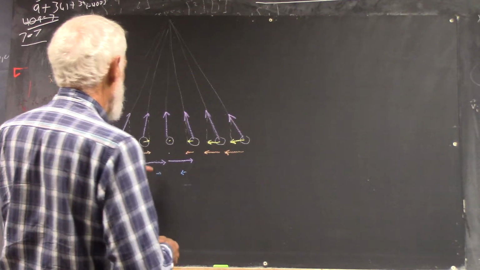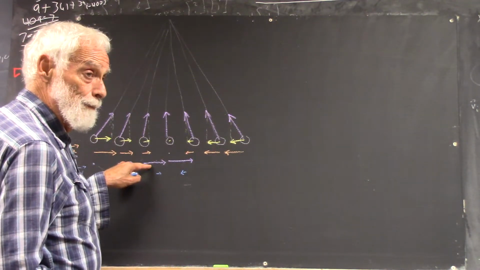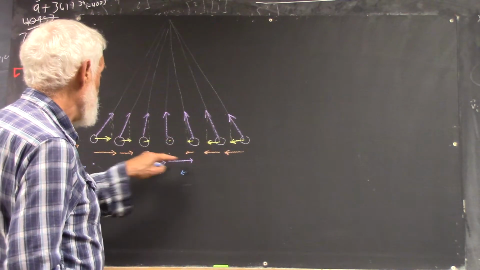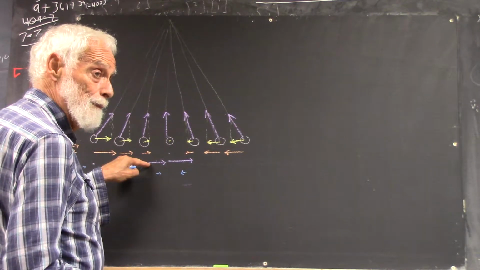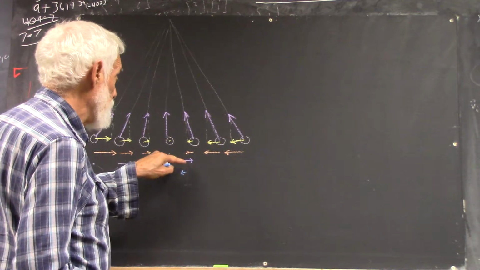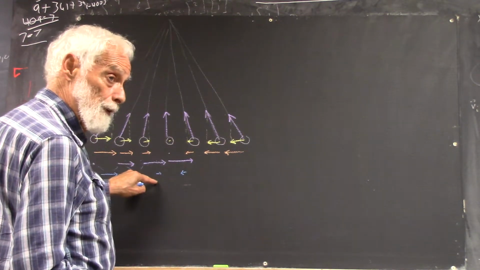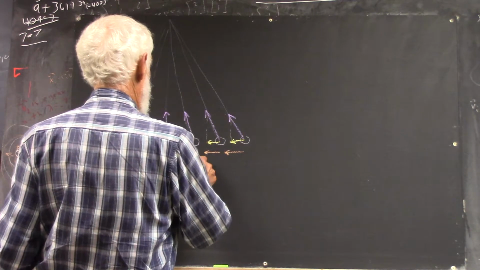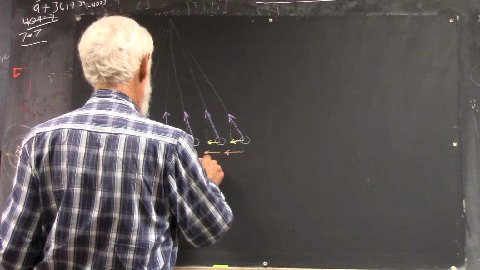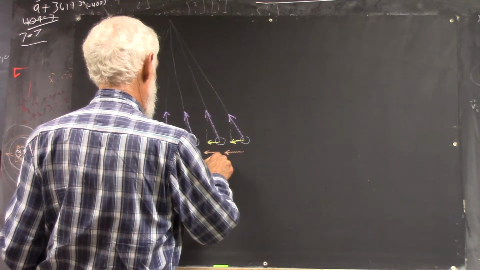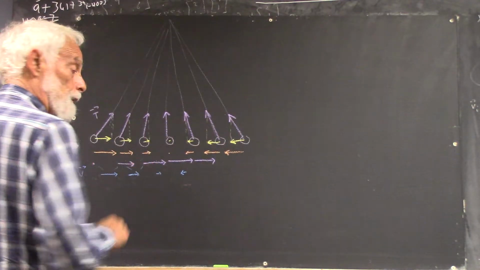But this one's going to become less. And if you think about it, it's actually going to be as long as this one. Because to get this one, we added this to this, and now we're going to subtract this from this, but this is equal, and we're going to add this to this, but this is equal and opposite to this. So we're going to end up with this, which should be equal to this, right?